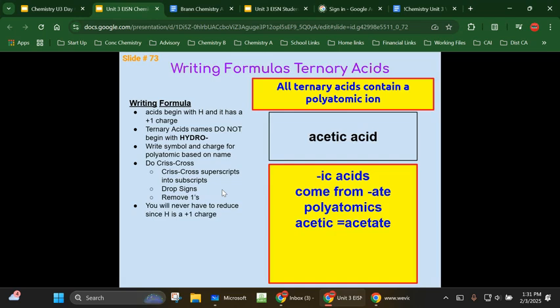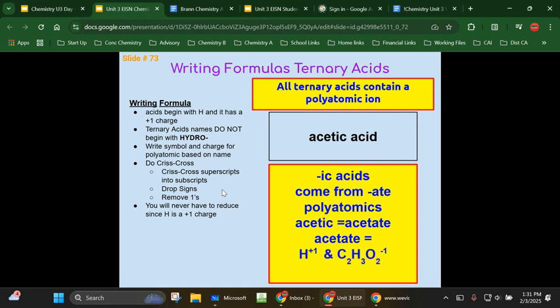What's the formula for acetate? C2H3O2. What's its charge? That's a negative polyatomic. What's our positive part? Hydrogen. So we're going to put hydrogen with it.